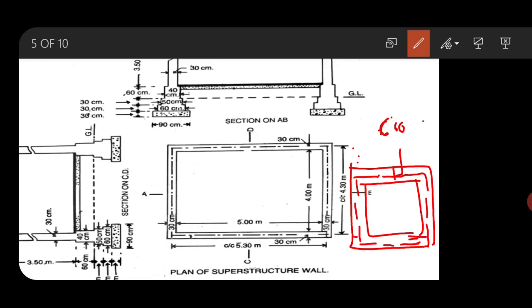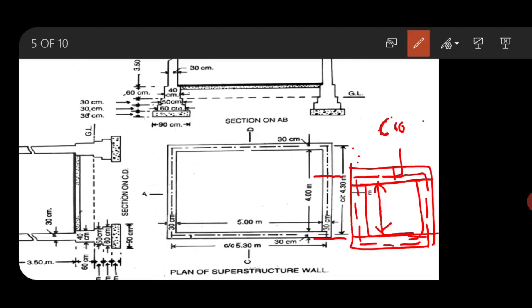We have completed the long wall part. Okay. Now we will calculate this remaining length along short wall. So, this length will be obtained by, we are having the center to center length as 4.3 meter along the short wall.